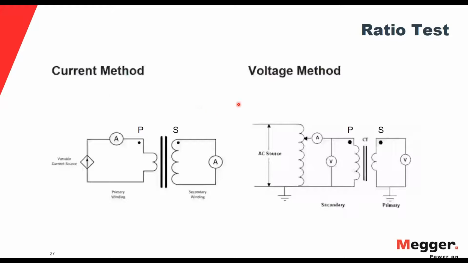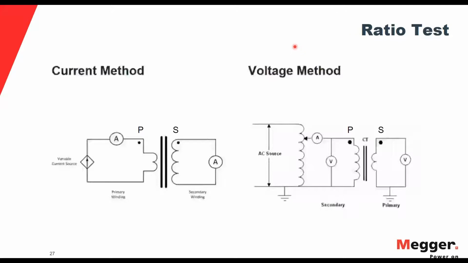The other method is the voltage method, where instead of injecting current on this CT, we inject a voltage from the secondary side to the primary side and measure the voltage on the primary side. This voltage method requires something very small.